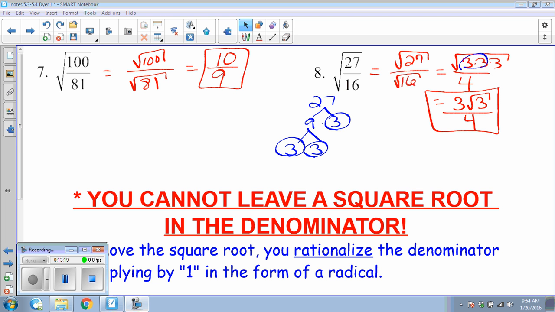You can't take something that's outside of the radical and reduce it with something that's inside the radical because this is protected. Okay? It's protected, so you can't do anything with it. This 3 underneath the radical, you can't do anything with it. You can't reduce it, you can't change it. It has to stay what it is. But if they're outside, then that's just like 3/4. Okay? So if that was a fraction that you were able to reduce, you would do that. Okay? Any questions?